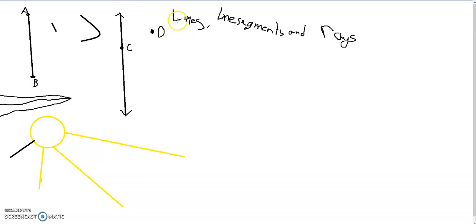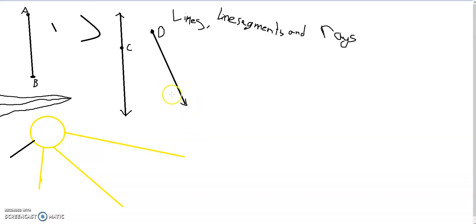This is point D. And they have that point, but in the other direction they go on forever.